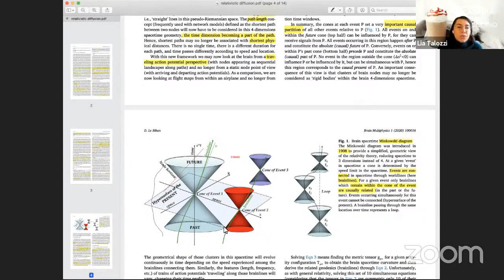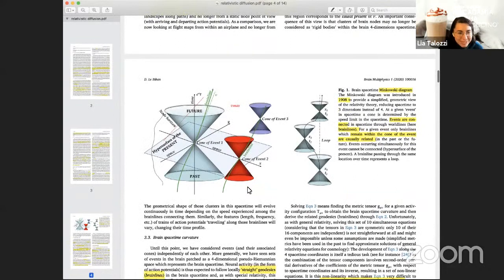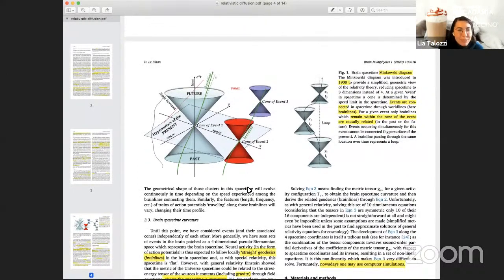If the brain line passes through different cones, these are all the possibilities that one event is interconnected with another event. I hope this explanation is not too messy, but here the velocity is the slope, so the angle of these brain lines.